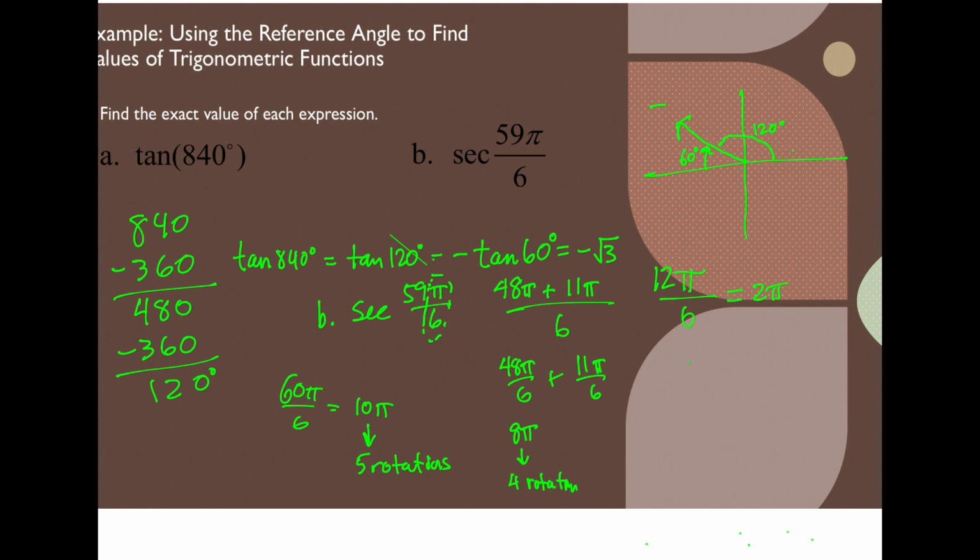So 4 rotations, plus almost a fifth one. Let's take a look at it from an angle perspective. 11 pi over 6 would be almost to 12 pi over 6. Remember, pi over 6 is 30 degrees. So we want to draw something that's about this 11 pi over 6.